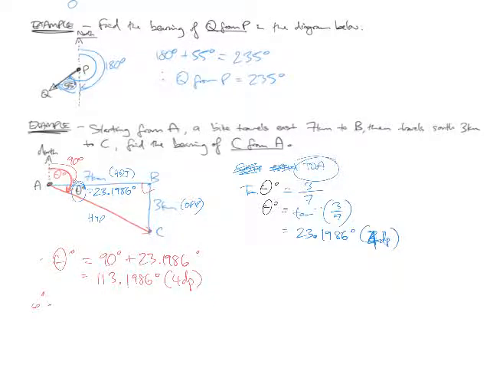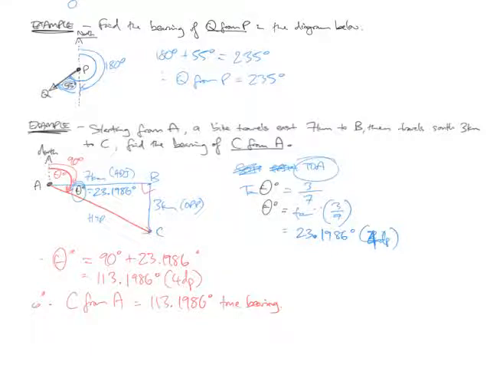Therefore, C from A is 113.1986 degrees true bearing, because that is how far you would have to turn from A, facing directly north, in a clockwise direction to face C, where you ended up.